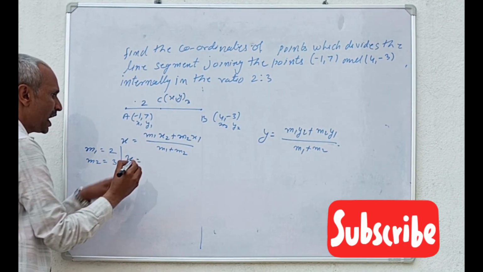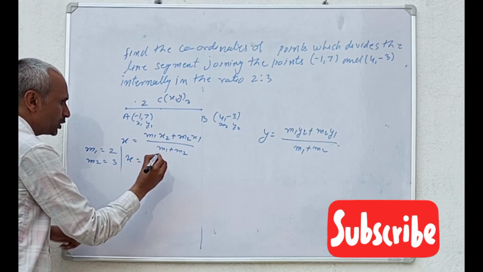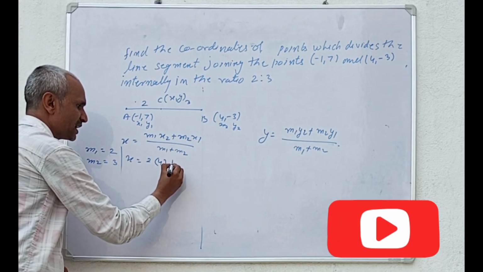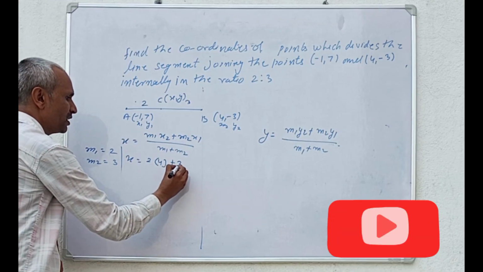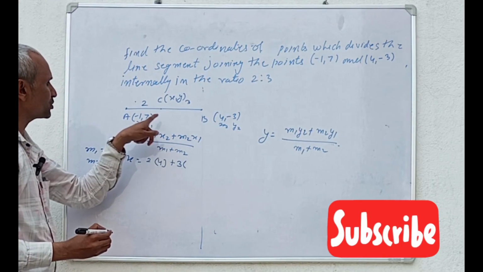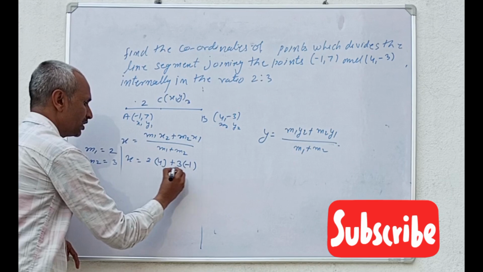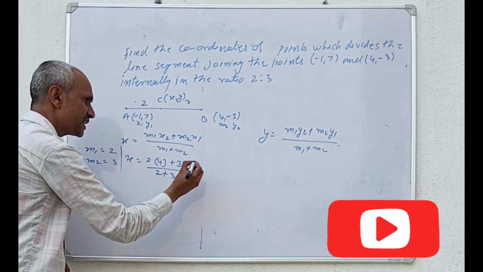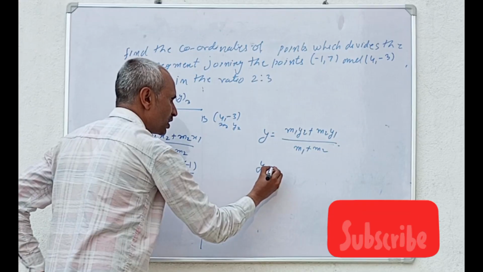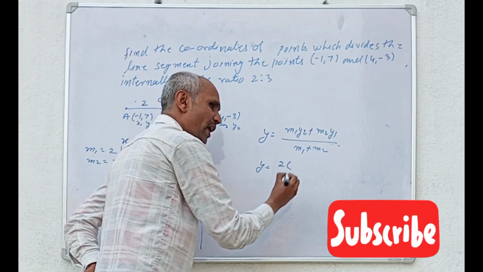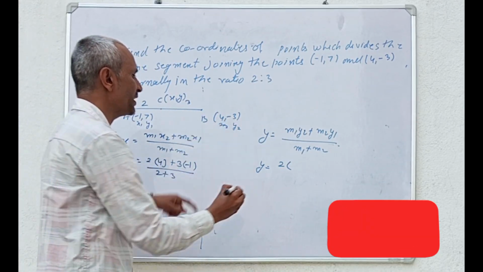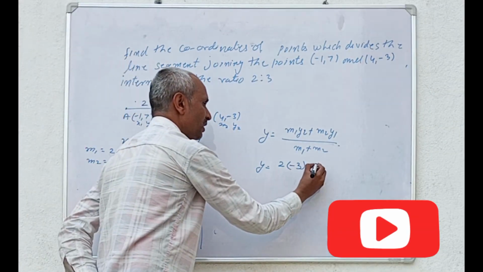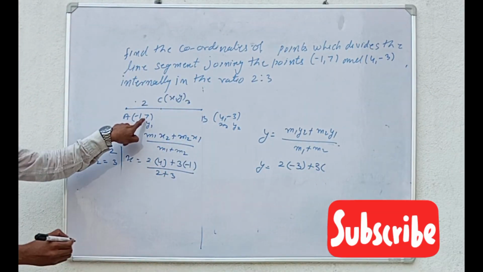X is equal to m1 value is 2 into x2 value, x2 value is 4, plus m2 is 3 into x1 value, minus 1, divided by m1 plus m2, 2 plus 3. Same as this, this side also. Y is equal to m1 value is 2, y2 value minus 3, plus m2 is 3 and y1 value is 7.